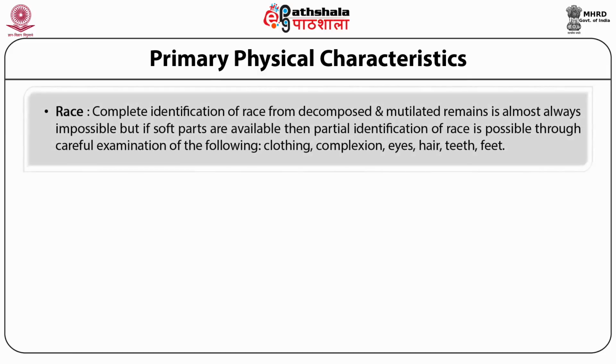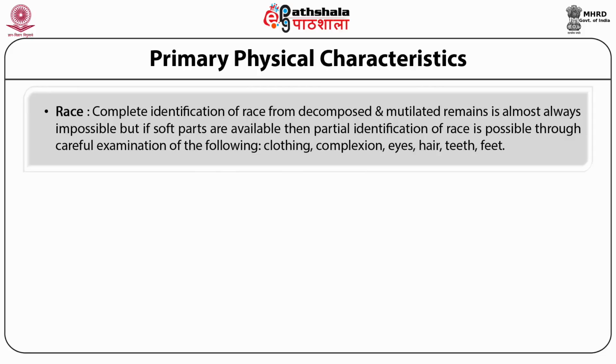Complete identification of race from decomposed and mutilated remains is almost always impossible, but if soft parts are available, then partial identification of race is possible through careful examination of clothing, complexion, eyes, hair, teeth, and feet.